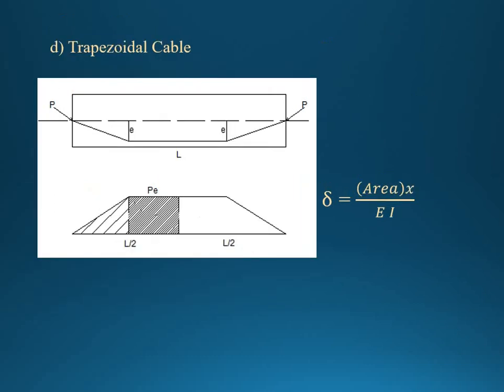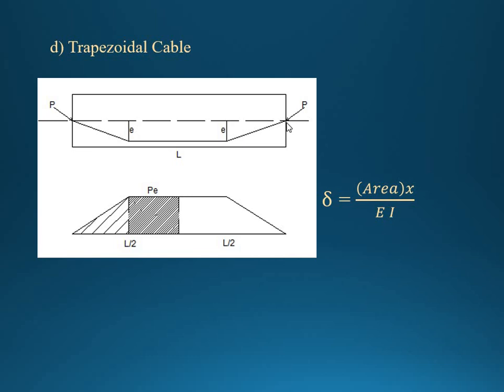Now, the fourth case is trapezoidal cable. Here, you can see the variation like this in a trapezoid form. Here, we can observe two eccentricity, that is, in the middle portion, cable profile is straight, and afterwards, from the end of the straight portion up to the support, it is linear.